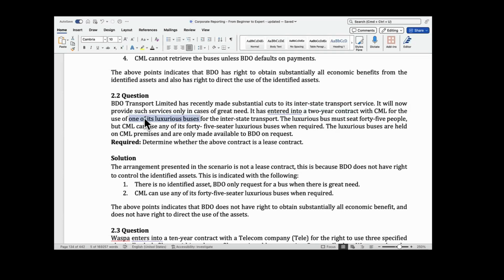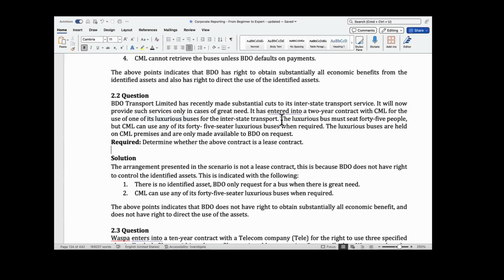One of its luxurious buses means that we don't have an identified asset, because it could be any one of them. So that goes to show that BDO cannot be the only one using this asset.